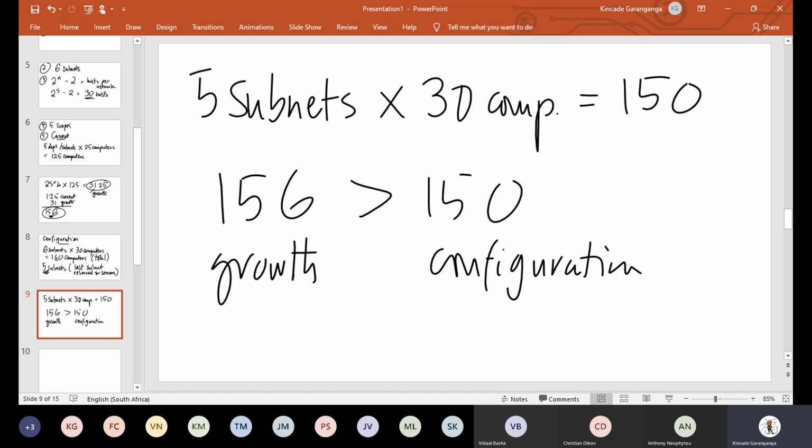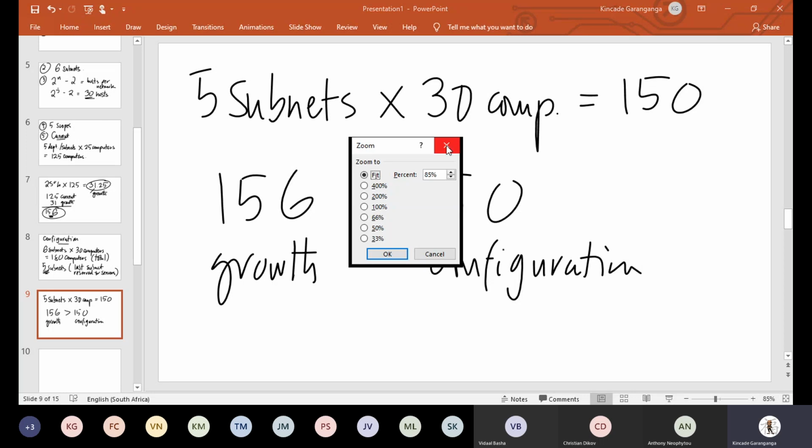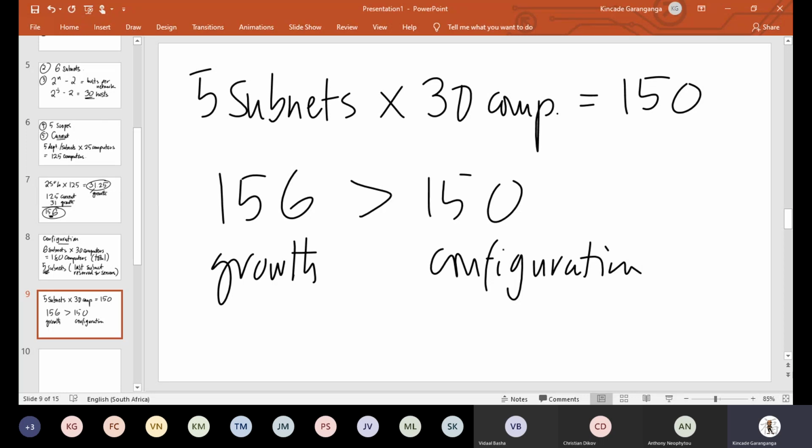So it obviously means here that we are 6 short. If you go back to that question, question number 5 would be no, and we've just shown that through calculation, as far as your setup is concerned.